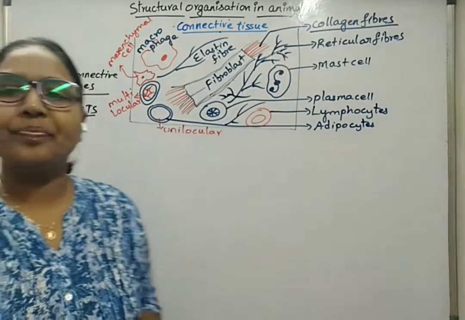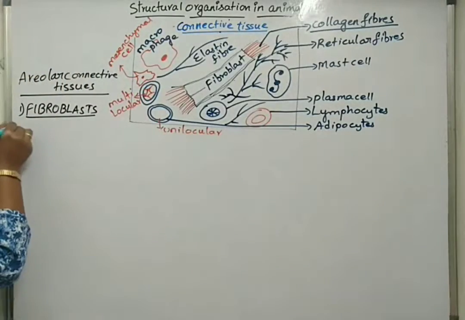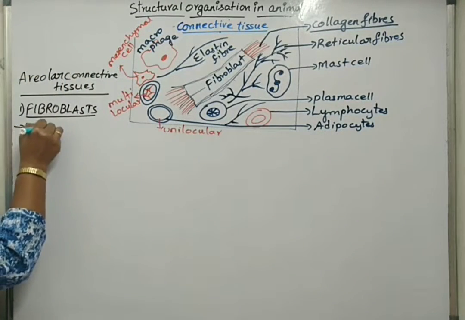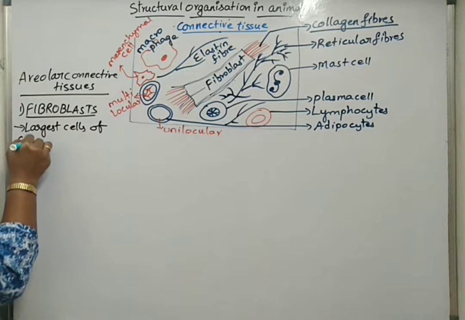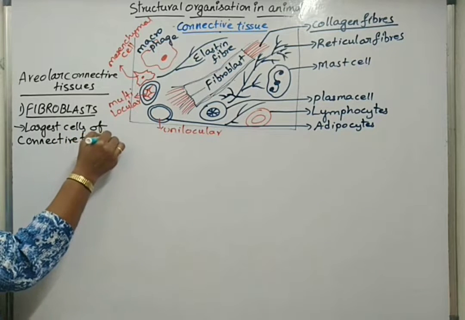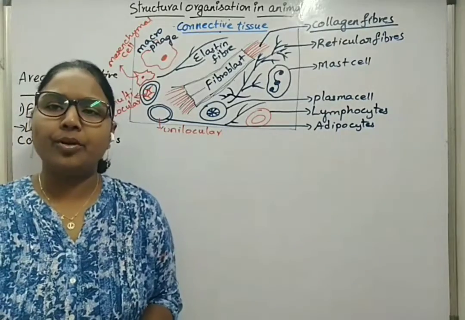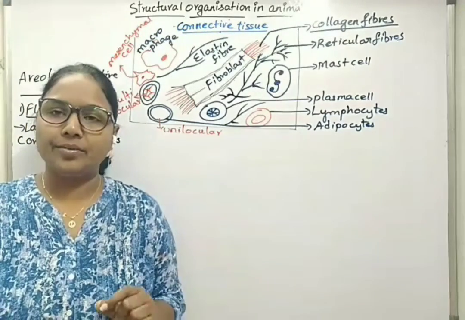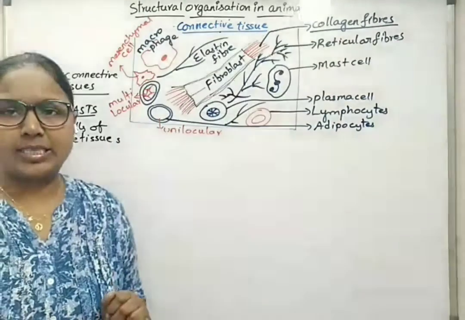Fibroblasts are said to be the largest cells of connective tissues. Here, the number of fibroblasts is very high, so we say their number is maximum.